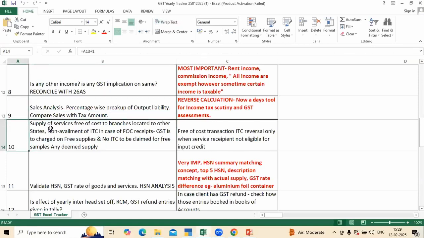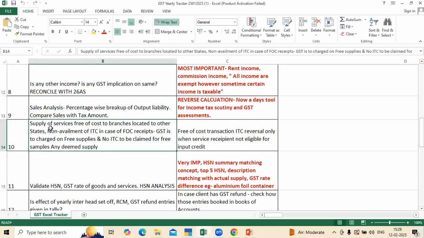Now, next thing: supply of services free of cost to a branch located in another state, and non-availment of ITC in case of free of cost supply. So see what happens: I have a branch in another state and I'm rendering services from this state to the other state. Say for example, I have a GST registration in Maharashtra as well, and I have one in Gujarat as well. If any services are going free of cost to the Maharashtra registration, I need to reverse the input credit pro rata.